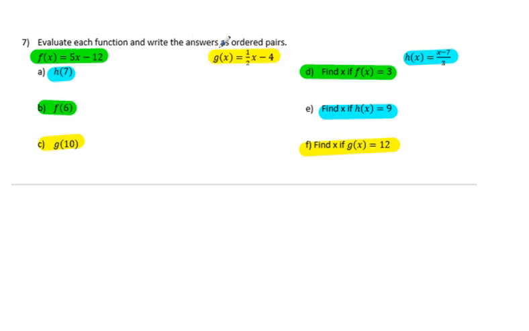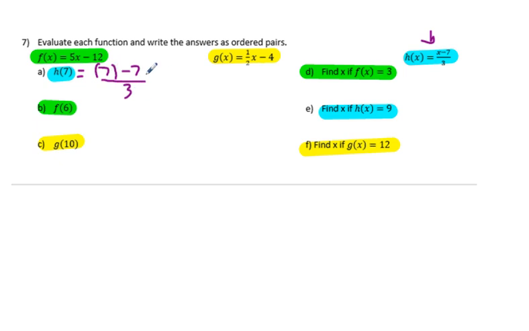Number 7 is evaluating function h for the input x value 7. So h of 7 is going to equal, and I'm just going to put a 7 where the x was in function h. 7 take away 7 over 3.